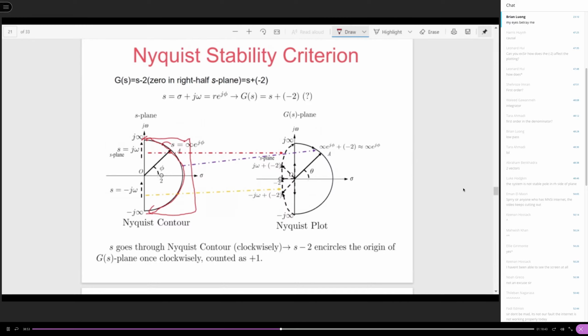What I want to say is that I want to have a region, a shape, to cover the entire right-half plane. But you are talking about infinity, so it really doesn't matter whether you use a square or a semicircle.